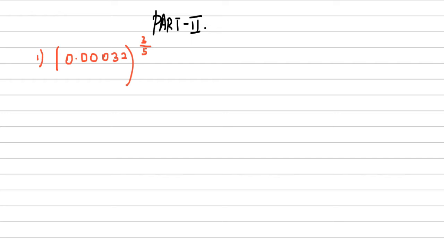If you carefully look at this problem, here we have a power which is a fraction. Whenever you come across these kinds of problems, there is a hidden hint. The hint is not direct but indirect. You have to look at the denominator of the fraction, which is 5.